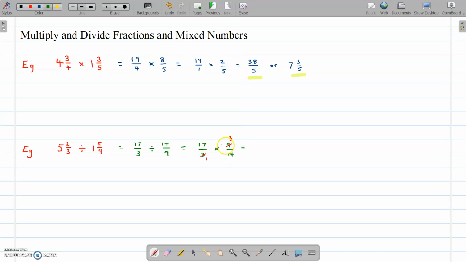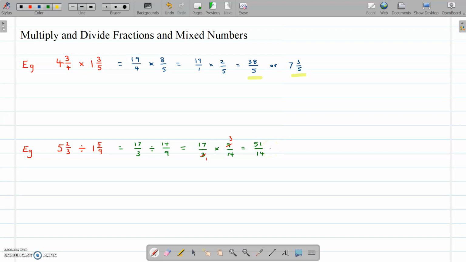17 and 14 don't cancel. 3 times 17 is 51. Okay, and on the denominator, 1 times 14 is 14. So 51 over 14. Okay, and we just see if we can reduce that any further. So I'm looking for a common factor of 51 and 14. I can't think of any.